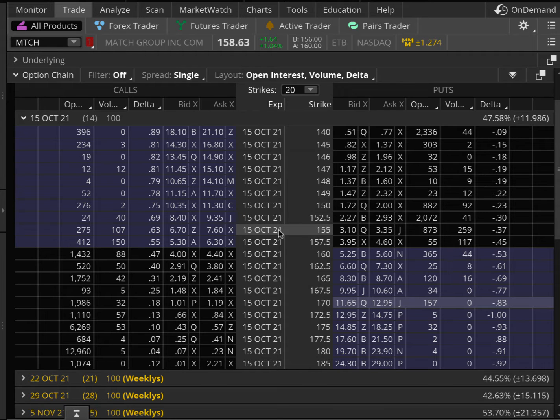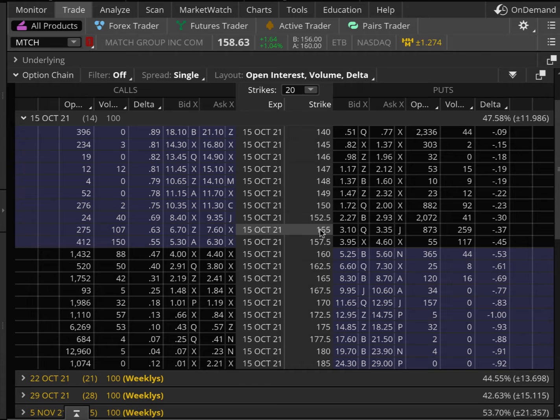So, for example, if this 155 option, and let's say you bought it for something like $7 in the middle of this bid ask, and that's a very wide spread, I wouldn't like that. But let's just say you did buy this 155 strike option for $7.